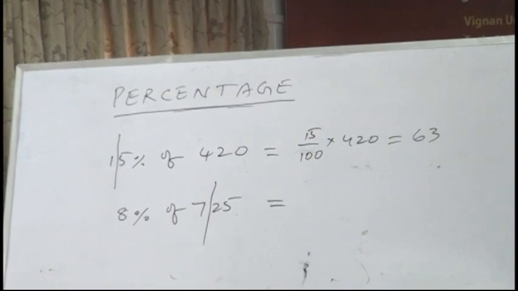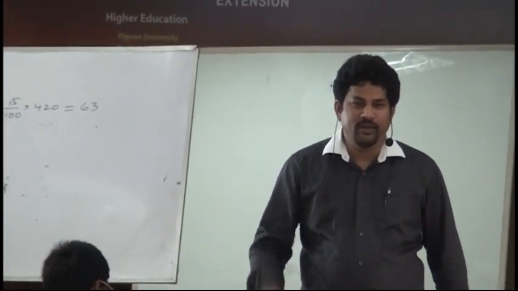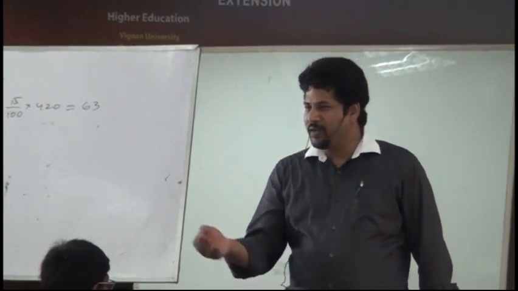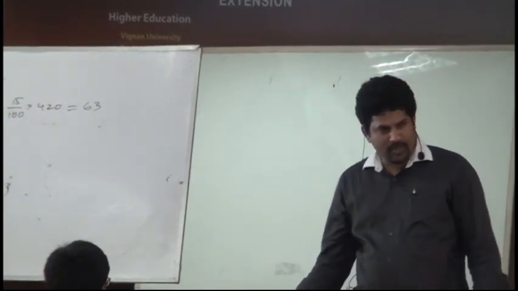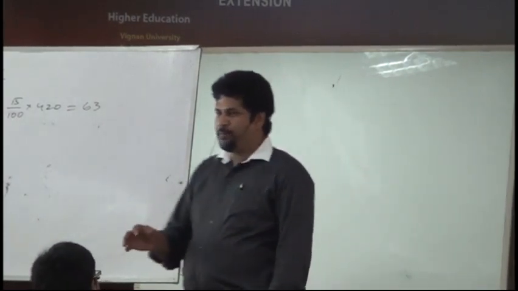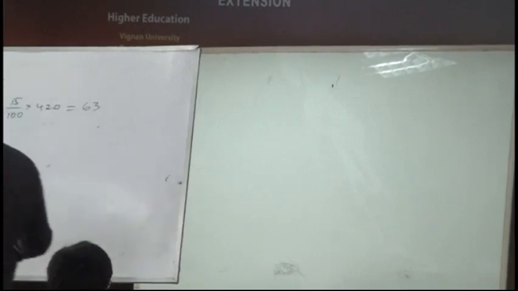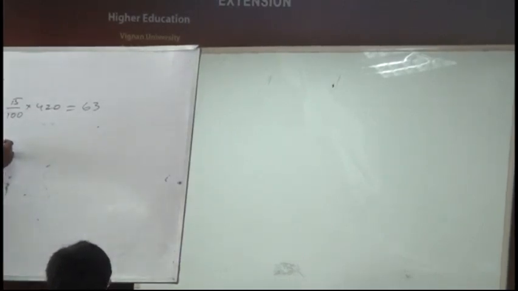What is 8% of 100? Listen to my question carefully. 8% of 50, 8% of 25. As simple as that. 8% of 700 is 56. 8% of 25 is 2. So what is it? 56 plus 2. As simple as that.